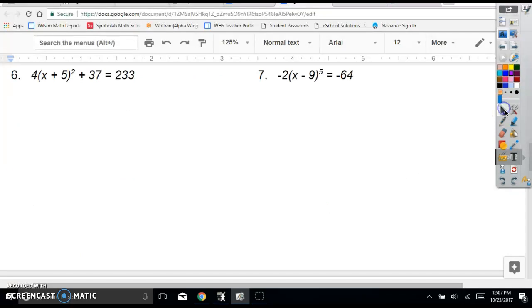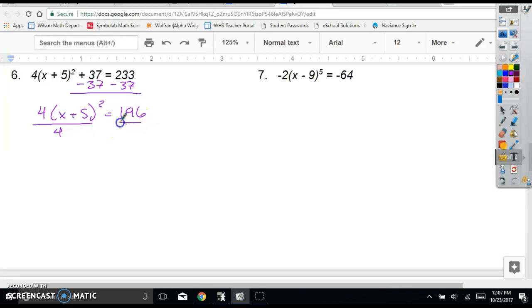Here comes 6 and 7. And 6, this is like the ones we did the day prior. Subtract 37, we get 4 times x plus 5 squared equals 196. We're going to divide this by 4, and we'll get x plus 5 squared equals 49.